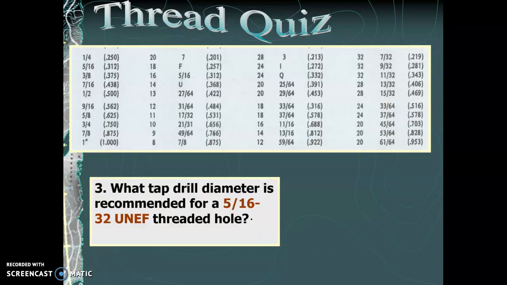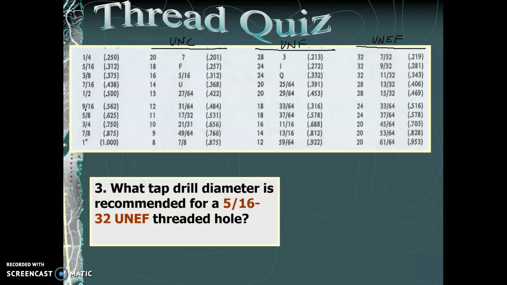What tap drill diameter is recommended for a 5/16-32 UNEF threaded hole? So over here, these three columns are for UNEF. These three are for UNF, and these three are for UNC.